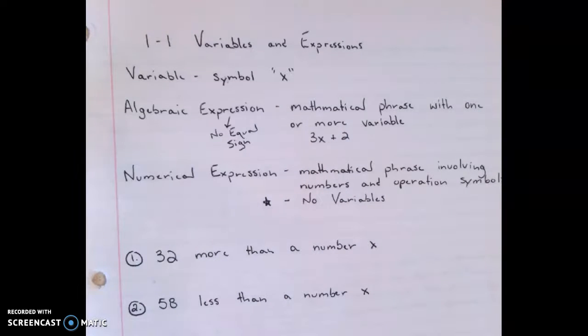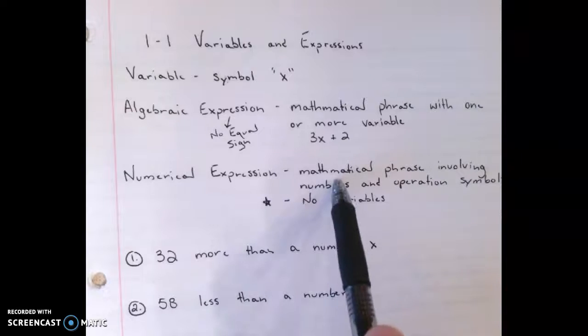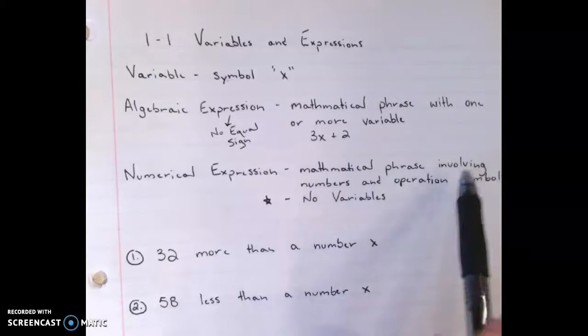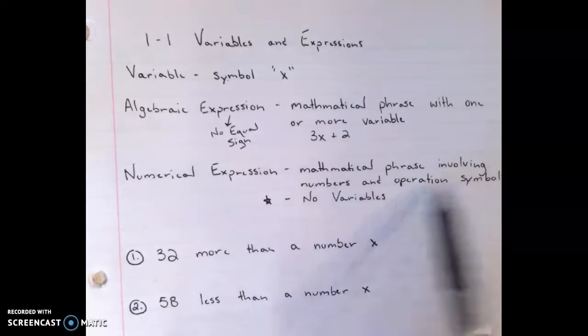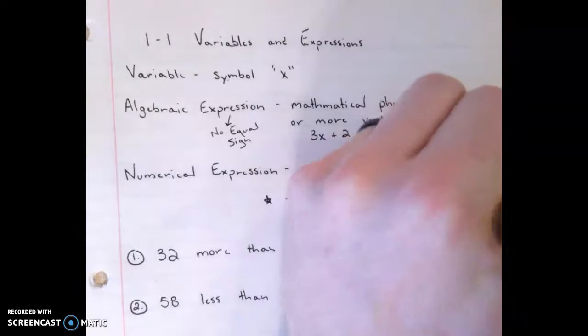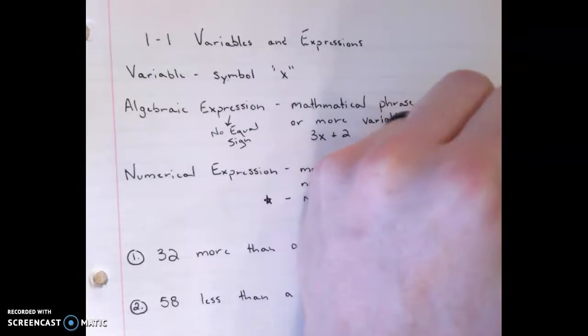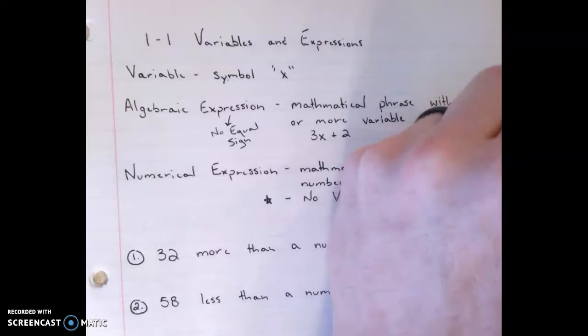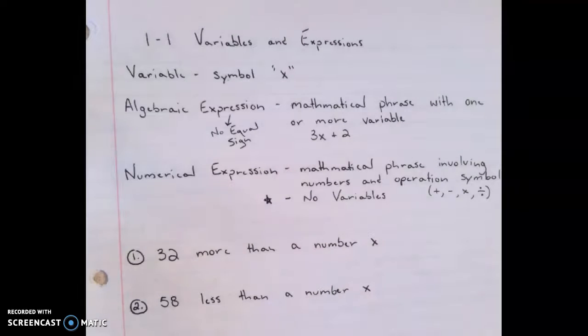Our next phrase is going to be a numerical expression. This is where it gets different than an algebraic expression. It's still a mathematical phrase. It involves numbers and operation symbols. Those are addition, subtraction, multiplication, and division.